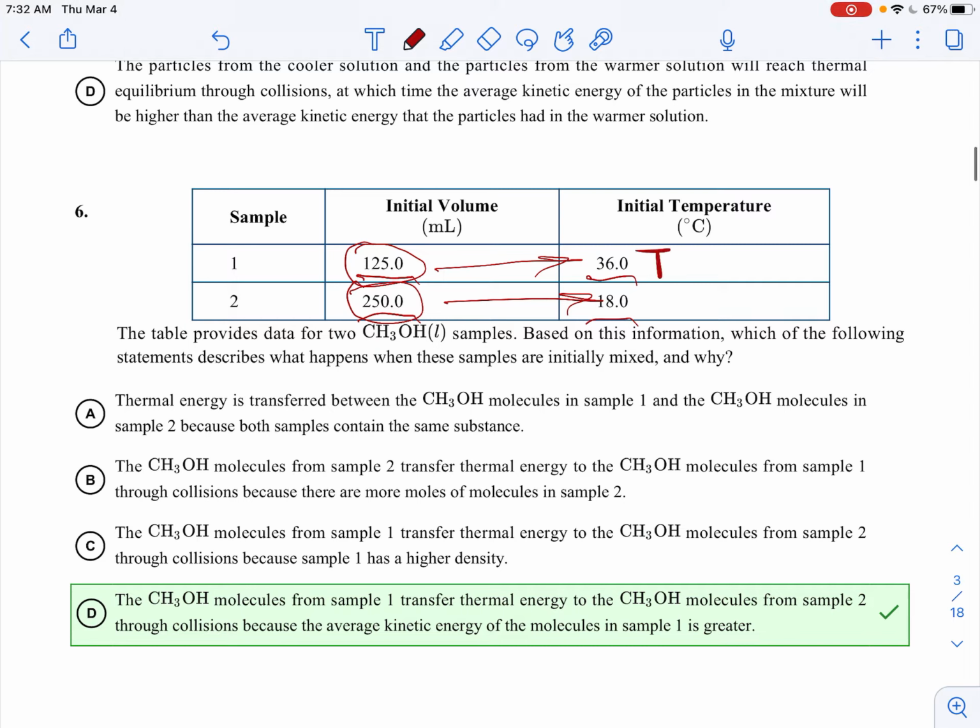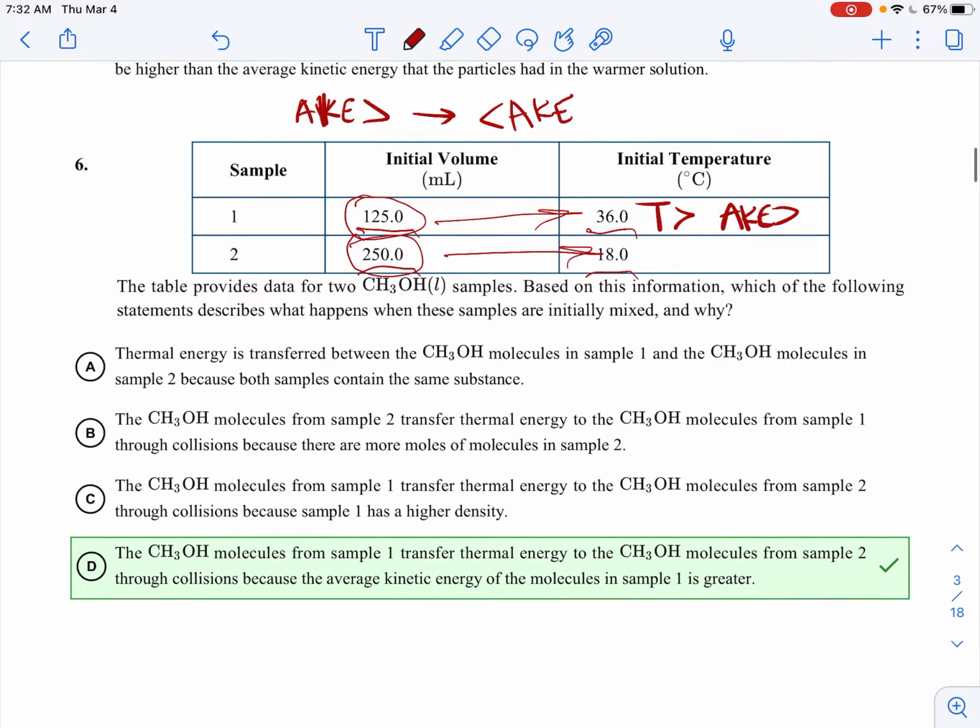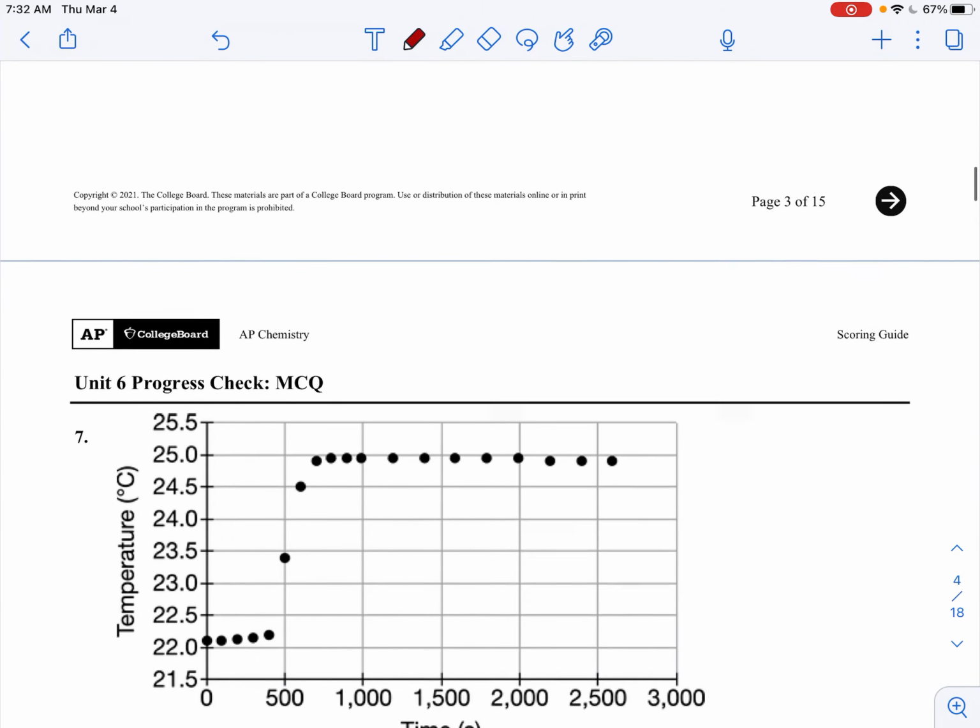If the temperature is greater, the average kinetic energy is greater, okay? And so what's going to happen is that it's going to go from a greater average kinetic energy to a smaller average kinetic energy. So just how heat flows from warmer to cooler, energy is going to flow from a greater average kinetic energy to a smaller average kinetic energy.